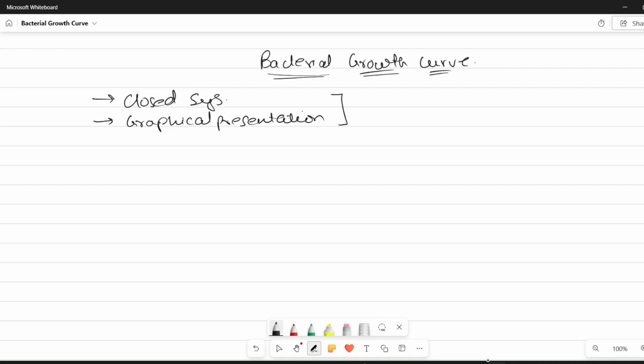Now, both of these things are associated with how a bacteria or bacterial population multiplies when the conditions provided are limited. For example, limited nutrition source.